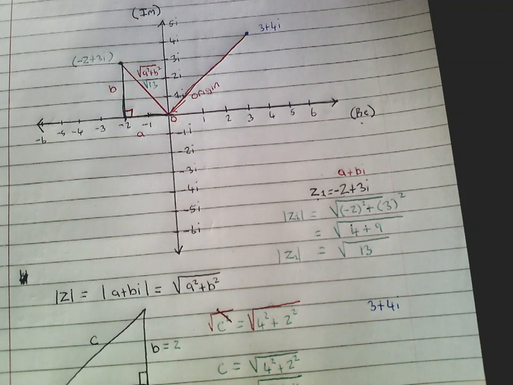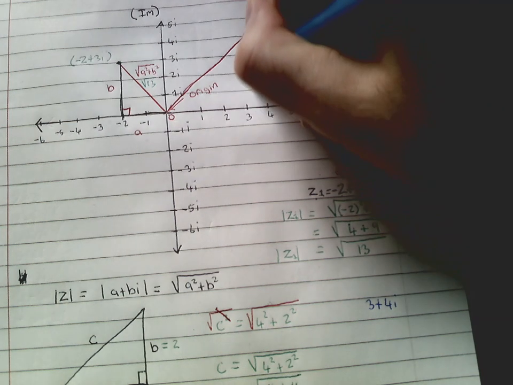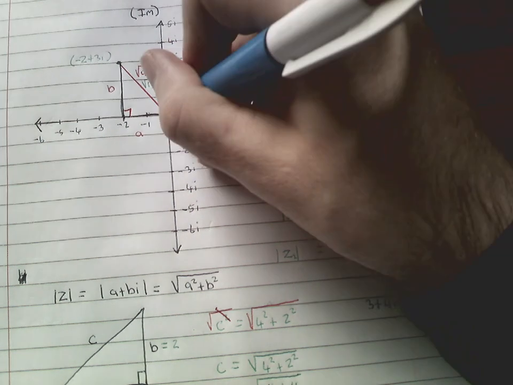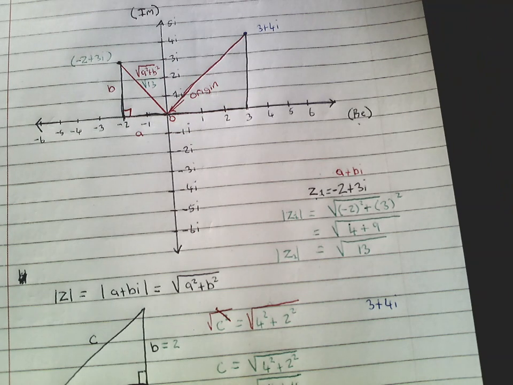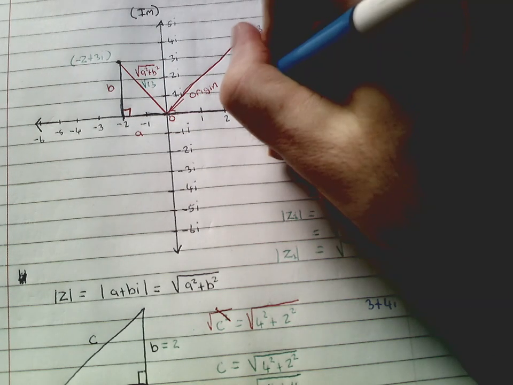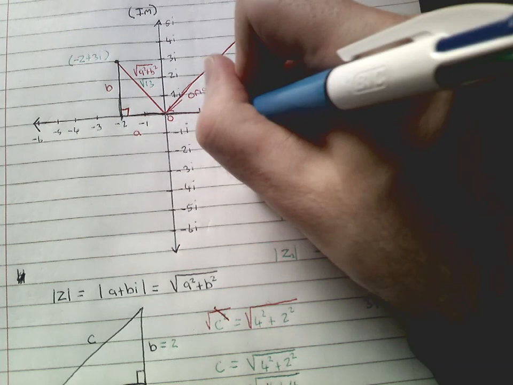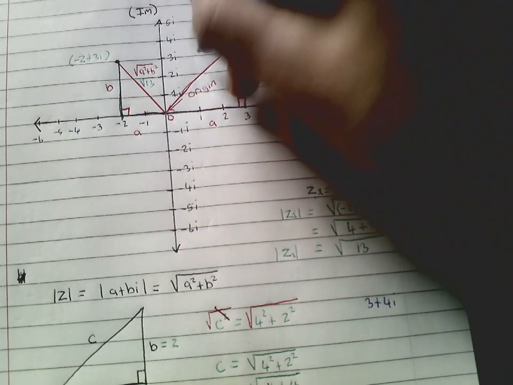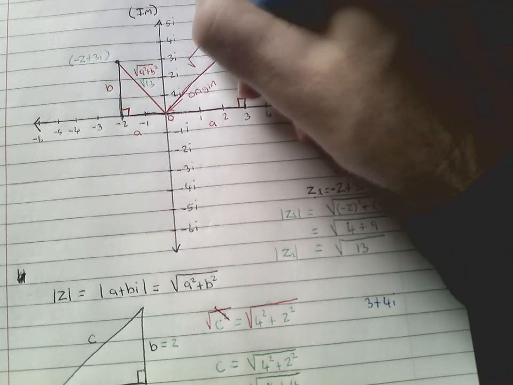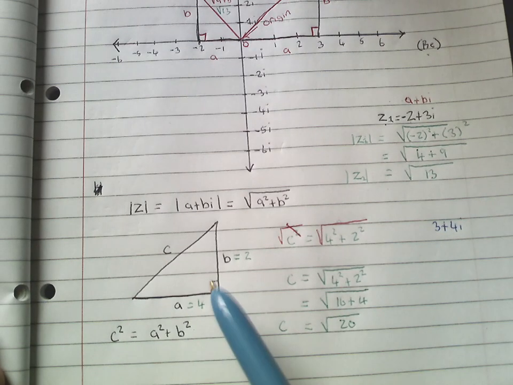If I drop down this part here, and then bold in this part here, what I have there is a right angle triangle. So we can call this bottom part A, we can call this part B, and then the distance from here to here is going to be the square root of A squared plus B squared, just like what we've done with Pythagoras' theorem.